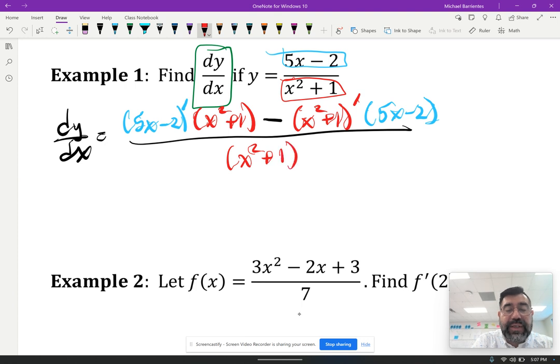So x squared plus 1, everything squared. This is the setup that's going to give us the correct derivative formula for this equation y.